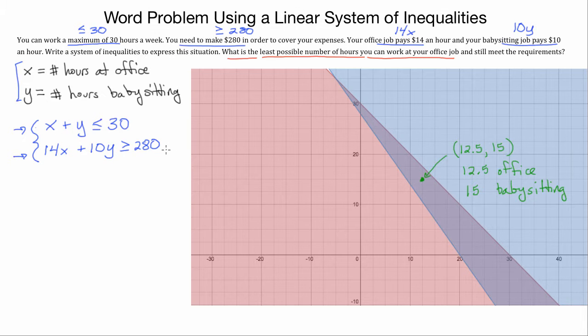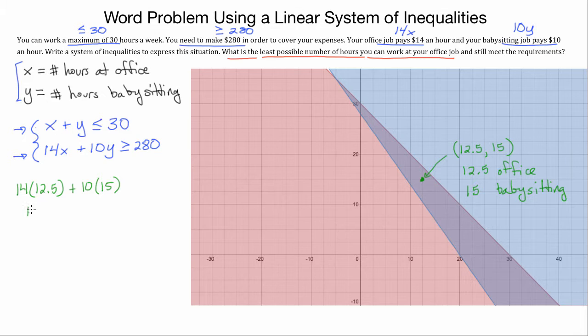So let's just check that part. I'm curious to see that out. I know that they are definitely less than 30 hours, so that meets that inequality. So let's test it out. Does $14 times 12.5 hours at the office plus $10 times 15 hours of babysitting, let's see what that actually equals here. 14 times 12.5 is $175.